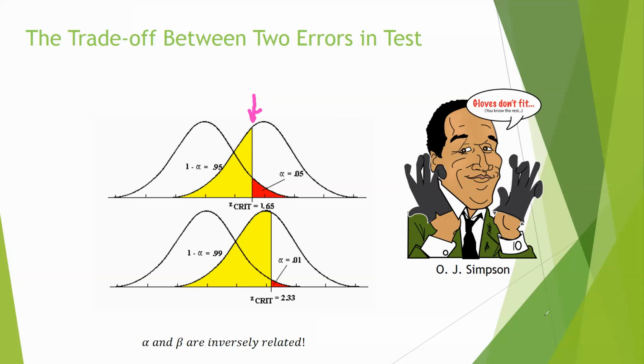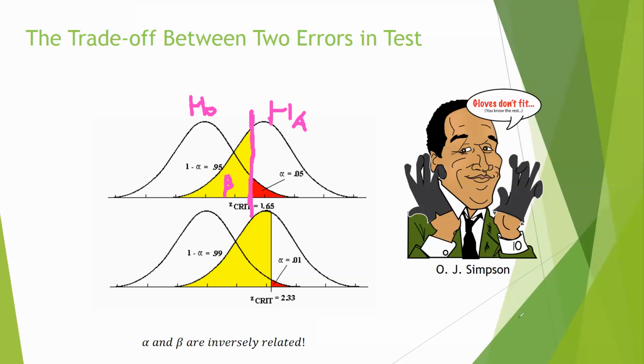So what is the type 2 error? Once you decided this cutoff for the null distribution, you also decided the beta error for the alternative distribution, right? Do you agree with this?